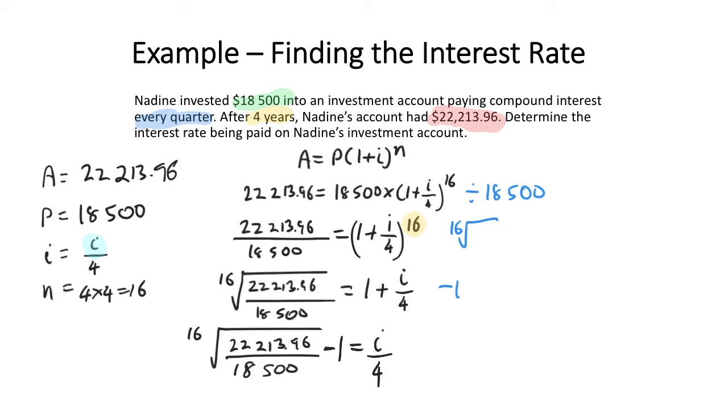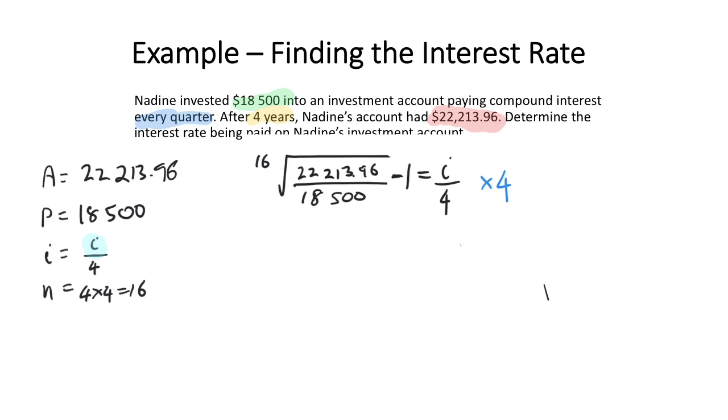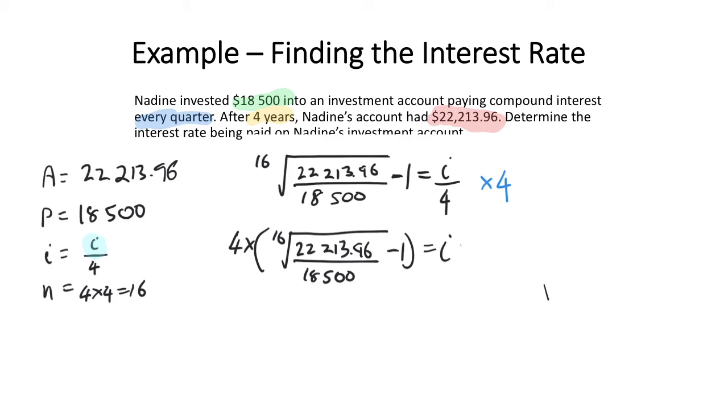So now we're close to getting I by itself. My final step is times both sides by 4. So 4 times the 16th root of 22,213.96 divided by 18,500 minus 1, it's going to equal I.